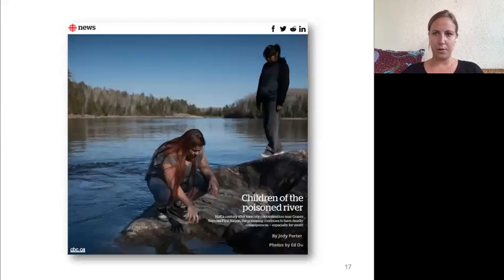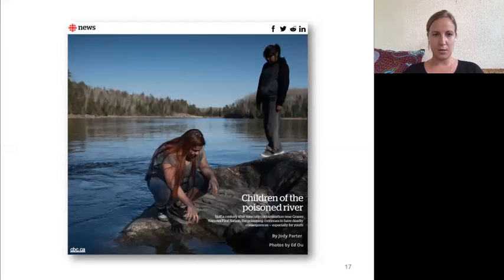I'm going to walk you through a couple examples of the impacts mercury has had. And as a Canadian, I need to talk about our Aboriginal communities in Canada, as well as the really poor history of how Canadians and the government of Canada have treated our Aboriginal communities, including First Nations groups.